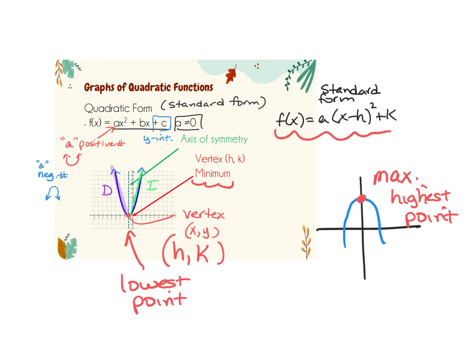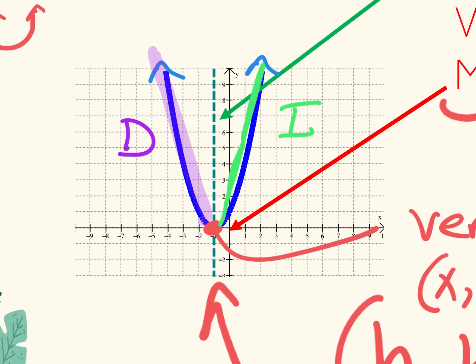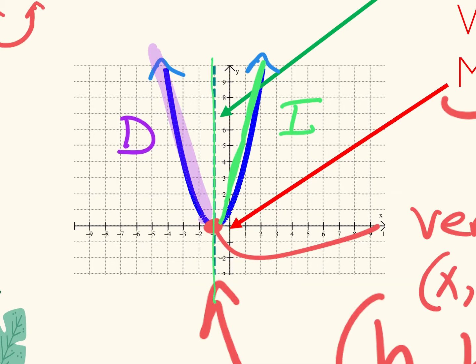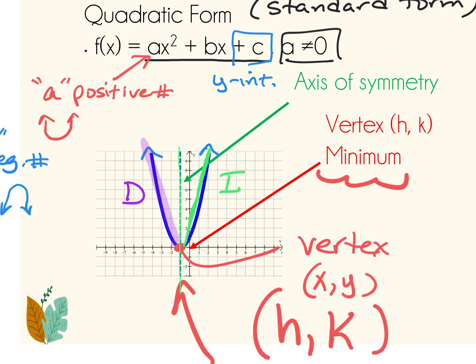Now in my graph, there's an imaginary line that goes through that vertex. If I zoom in here, this green dashed line is called the axis of symmetry. If you think back to when we talked about symmetry, in the notes I told you that the parent parabola always has y-axis symmetry.